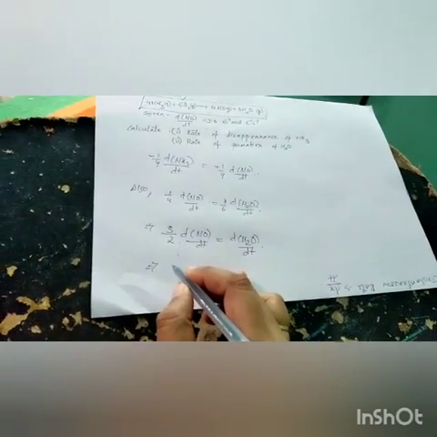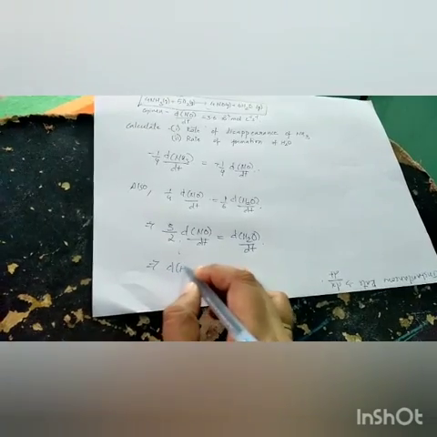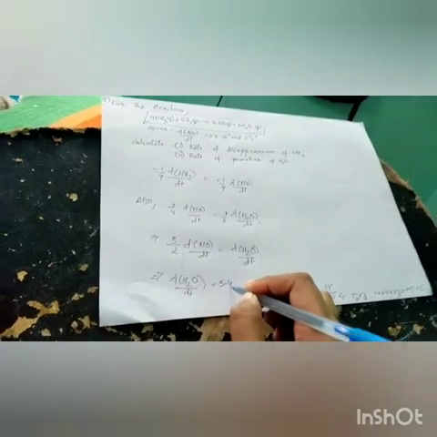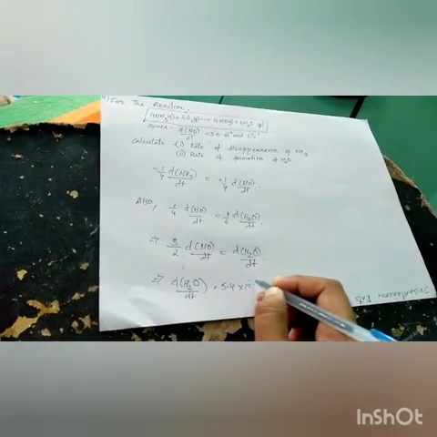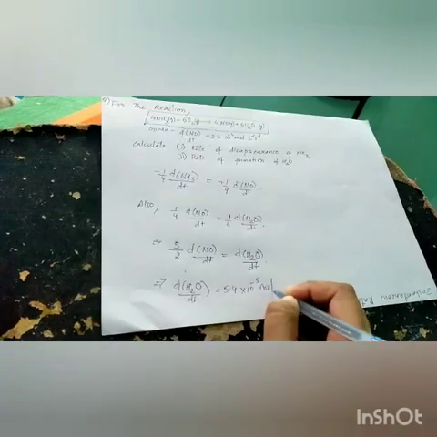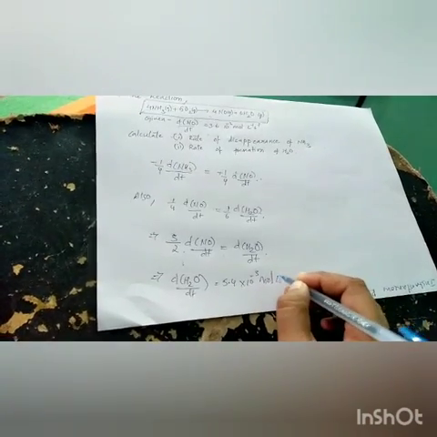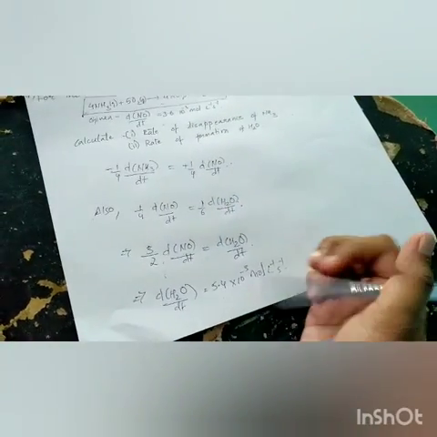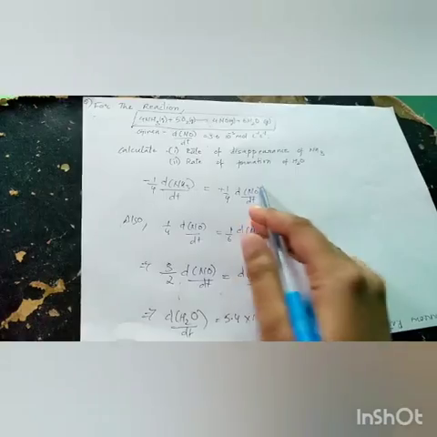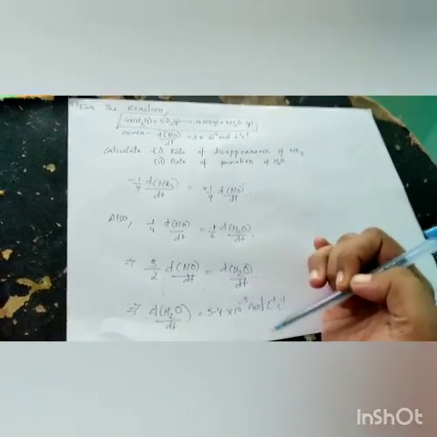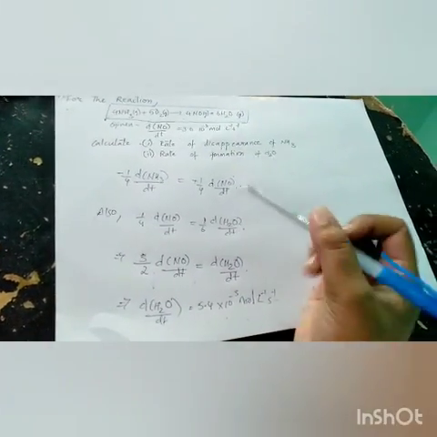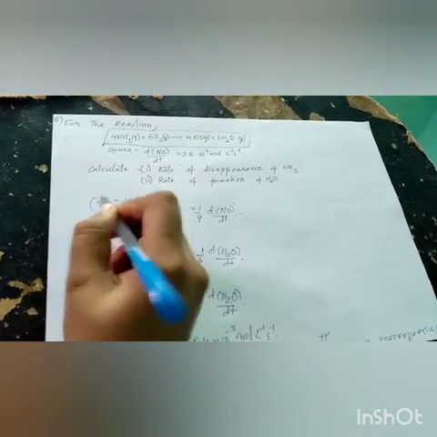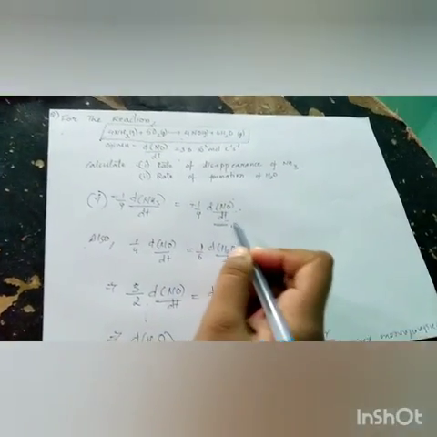So you calculate it, and you get d[H2O]/dt as 5.4 into 10 power minus 3 mole liter inverse second inverse. That's it. So the rate of formation of H2O is 5.4 into 10 power minus 3 mole liter inverse second inverse, and the rate of disappearance of NH3 is equal to d[NO]/dt.